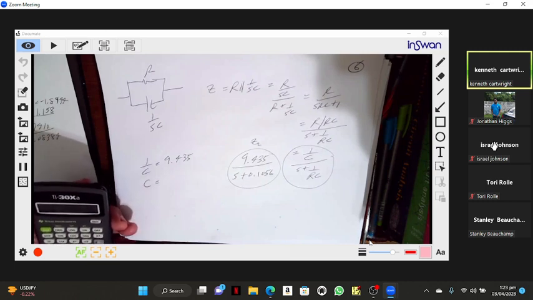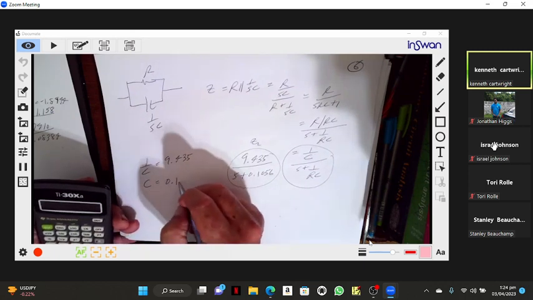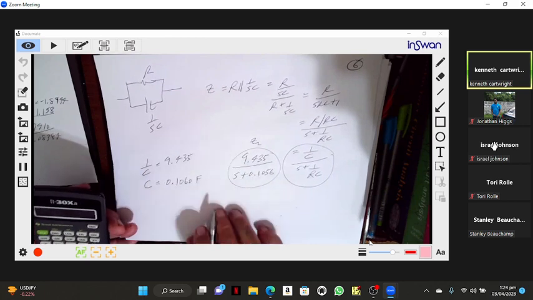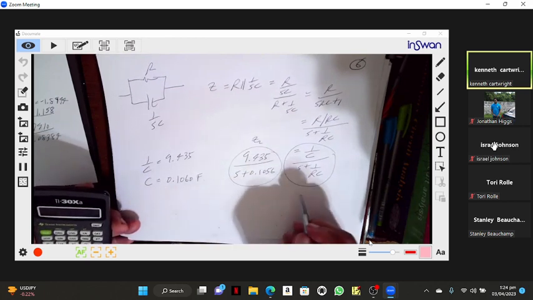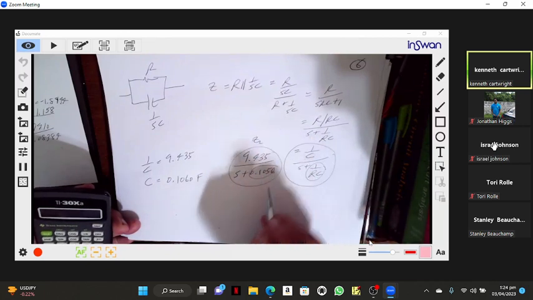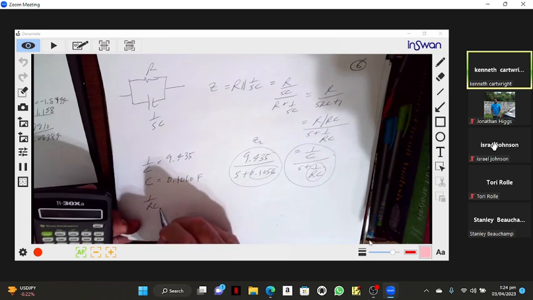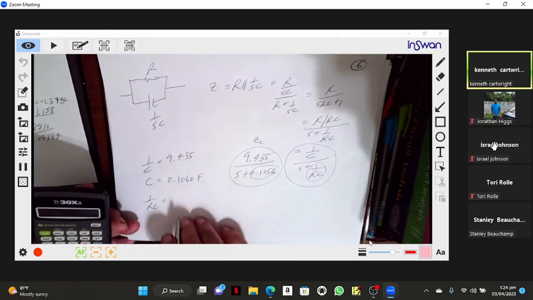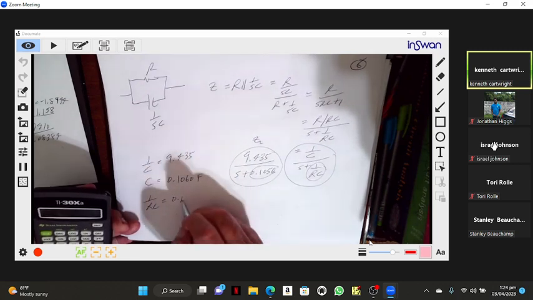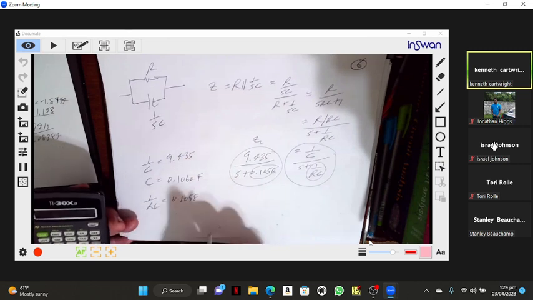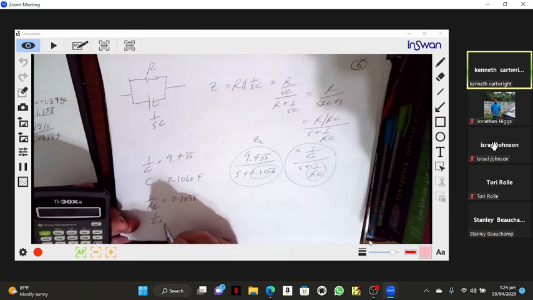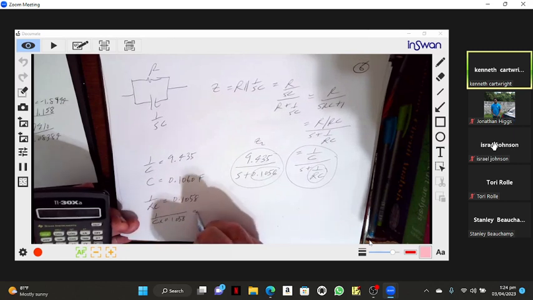Stay with me. C is 0.1060 farads. And then this must equal this. So 1/RC must be 0.1056, or 1 over C times 0.1056 equals R.